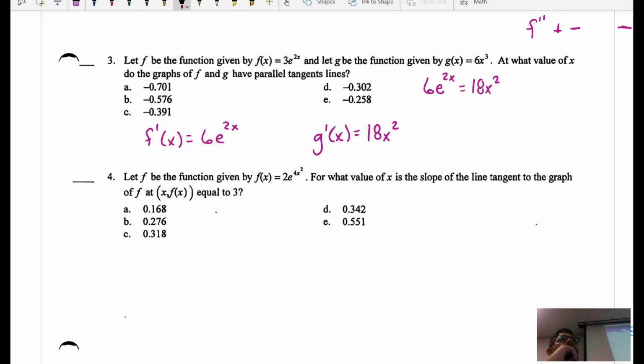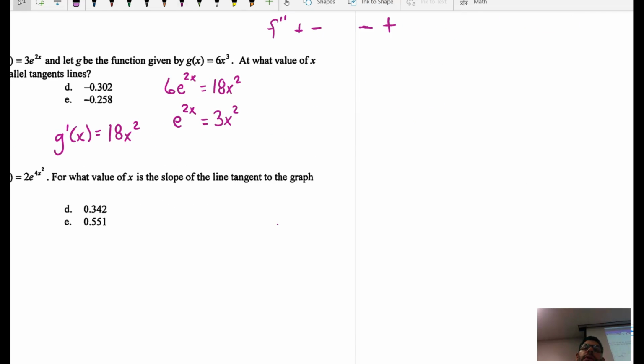Then what? So solve for x, and so we can divide by 6. What does that give us? And then if we take the natural log, let's get over here. If I take the natural log of the left side, what's left? And then on the right side, natural log of 3x squared.